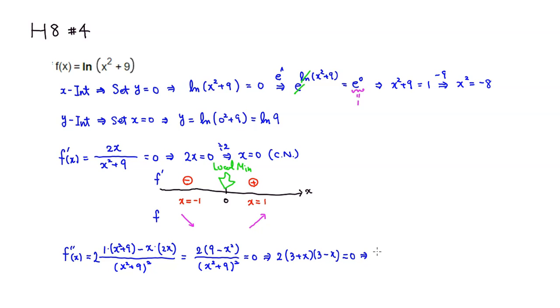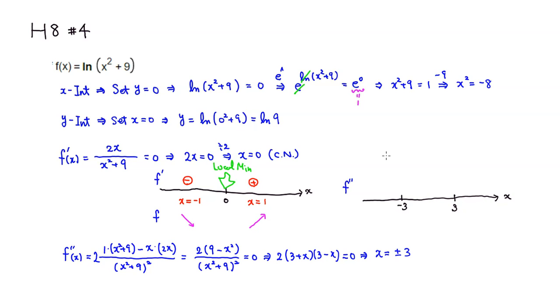Which means that x is going to be plus or minus 3, right? Then we're going to do a number line again here, with tick marks at -3 and +3.